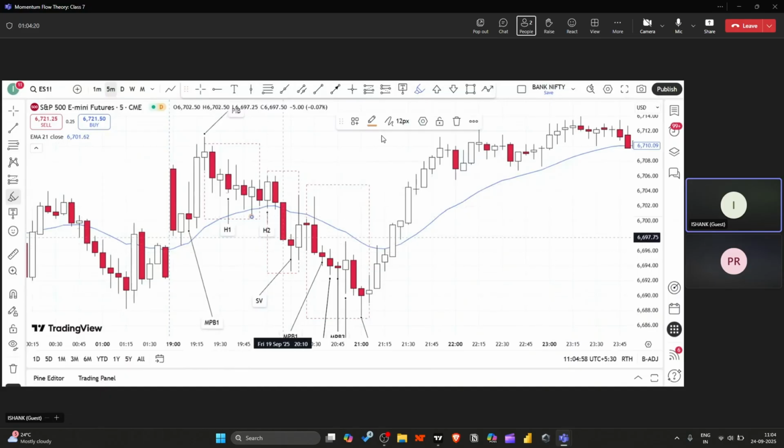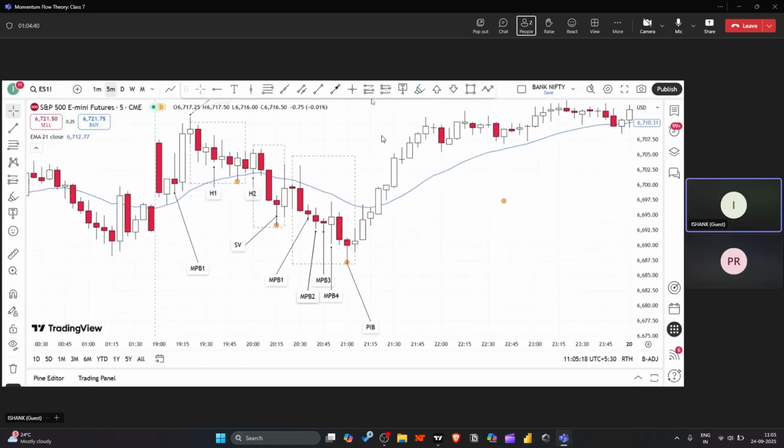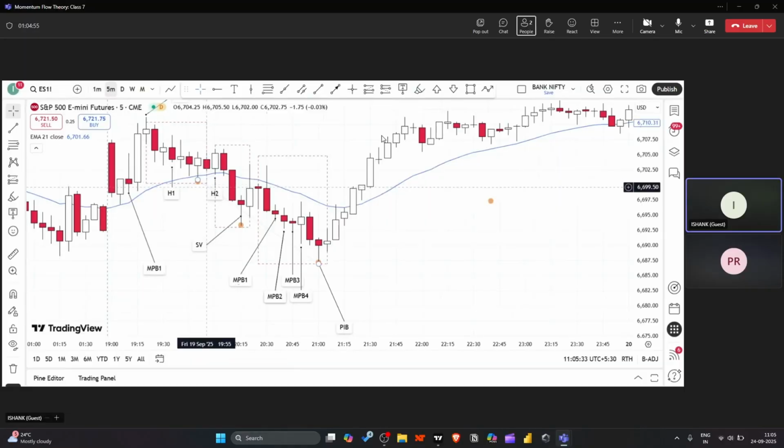Next is the bear implied bar on spike 2, and the next PIB is again a bear implied bar. If you join all those 3 points, what do you get? Second leg overshot, you got 3 pushes down.